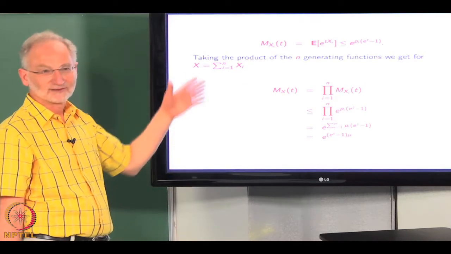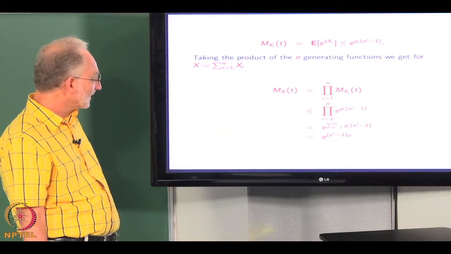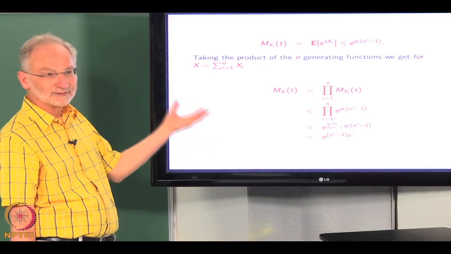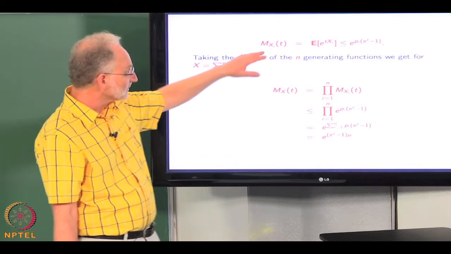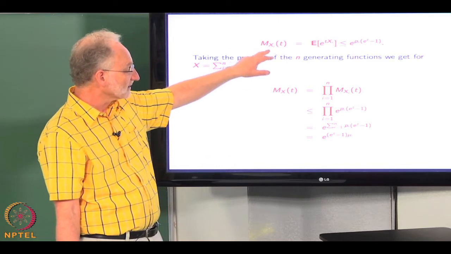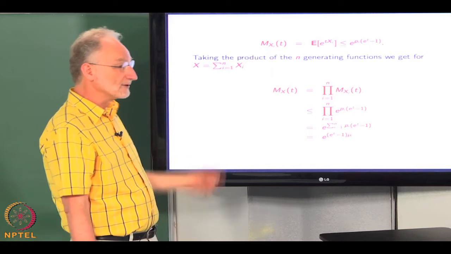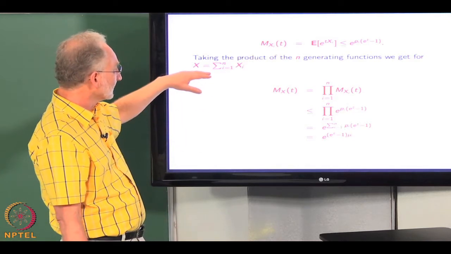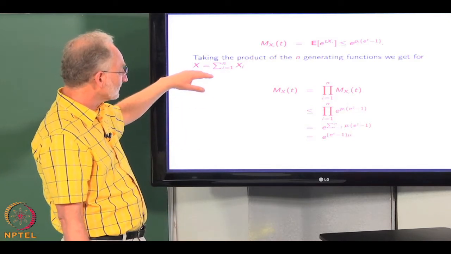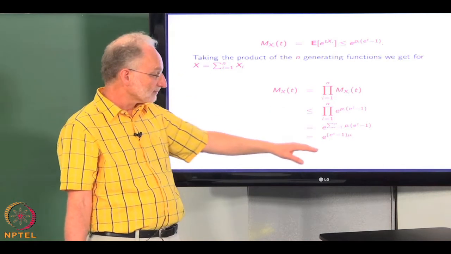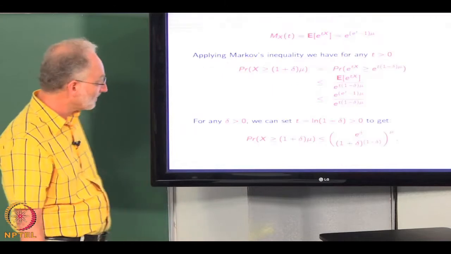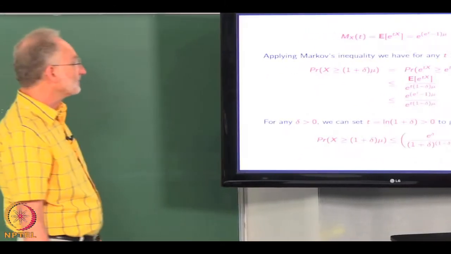It's all on the slides, if not in the book. I want to give you the high-level idea, and I don't want to get into the real computation. After computing the moment generating function of each Xi, I use the fact that the Xi are independent, so the moment generating function of the sum is the product of the moment generating functions. So now I have finished one part.